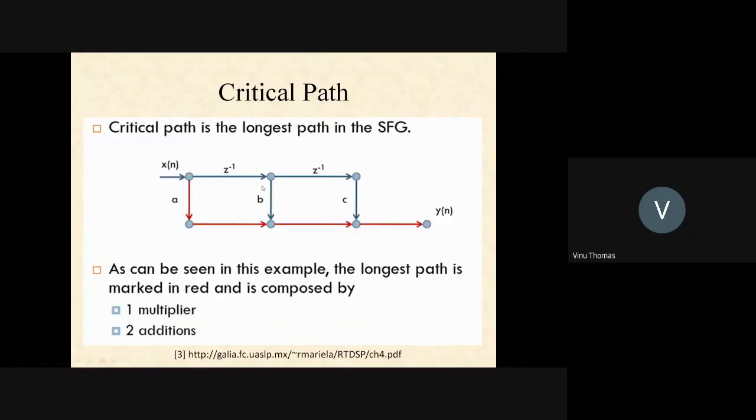So if you have a sample x of n here, to process the sample as per the signal flow graph, you will require the time for one multiplication and time for two additions at least.